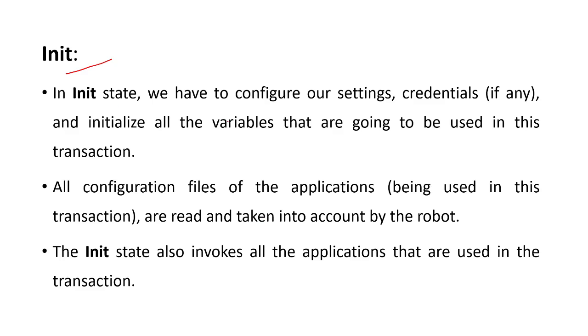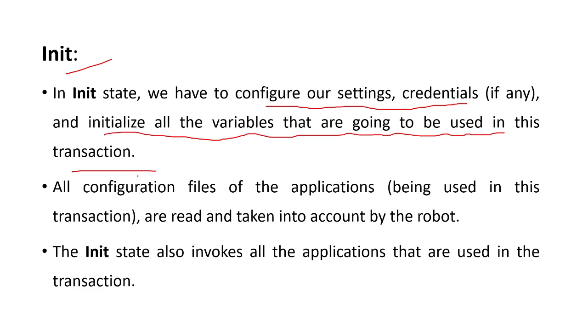So in init state, what we have to do is configure our settings and initialize all the variables that are going to be used in this transaction. This is similar to a constructor in Java, right? And all configuration files of the application being used in this transaction are read and taken into account by the robot. See, as I said, it is very similar to the constructor's job.